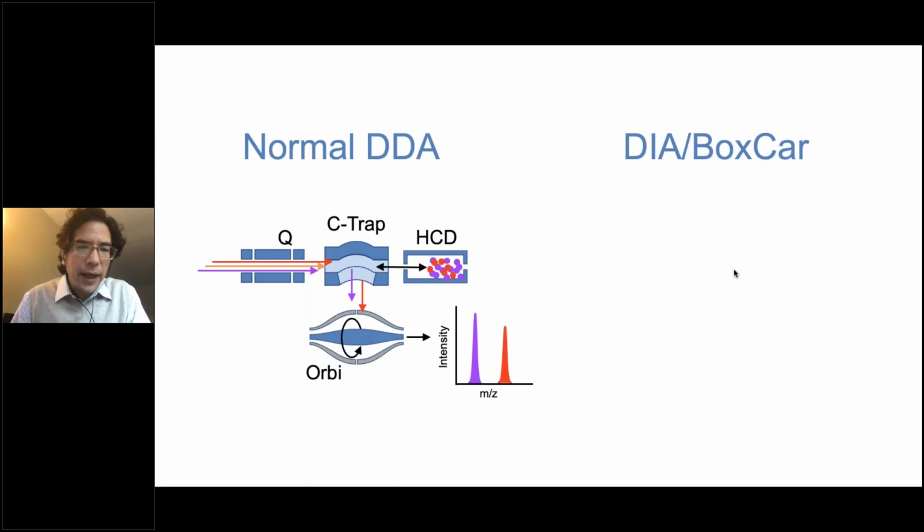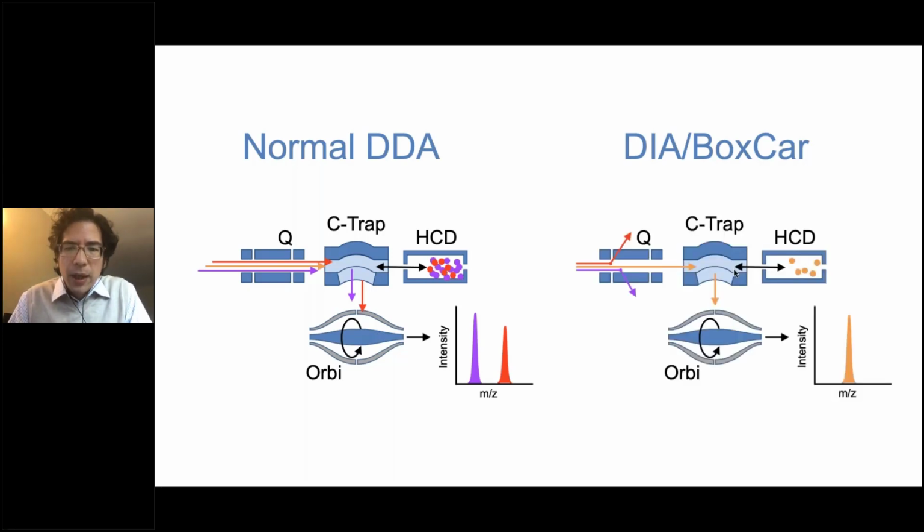So DIA takes advantage of this, as does the boxcar method that was developed by the Matthias Mann group. Both of these strategies essentially use the quadrupole to section out peptides so that you're only accumulating certain groups of peptides in the HCD cell. And because of that, you always get some nice measurement.